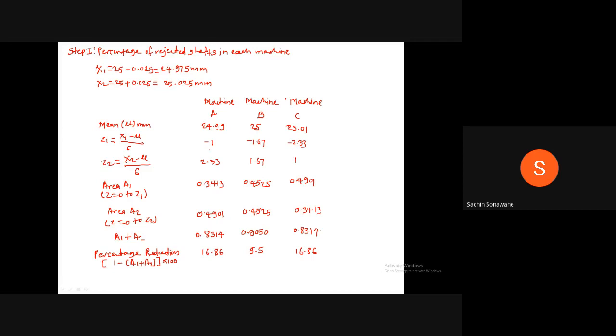Therefore, three normal curves will be there, and from those normal curves, we will comment on the results. Therefore, I will draw these three graphs now. Step 3: Comments on results.